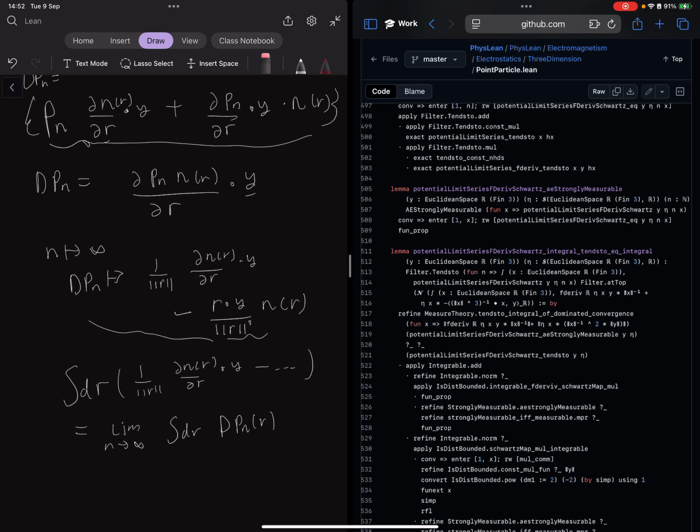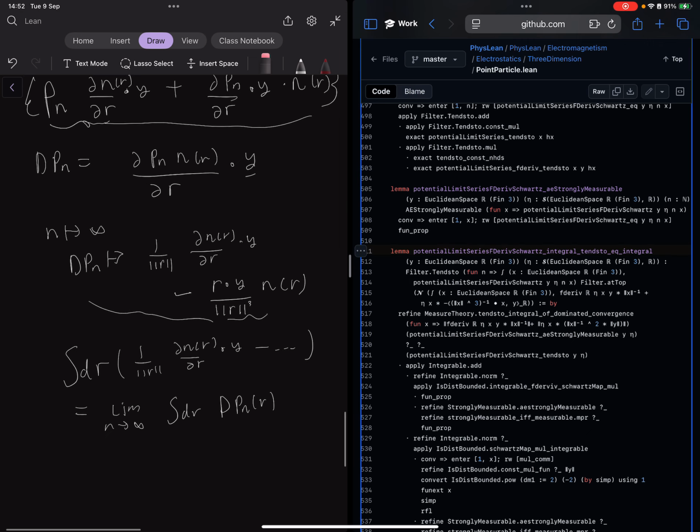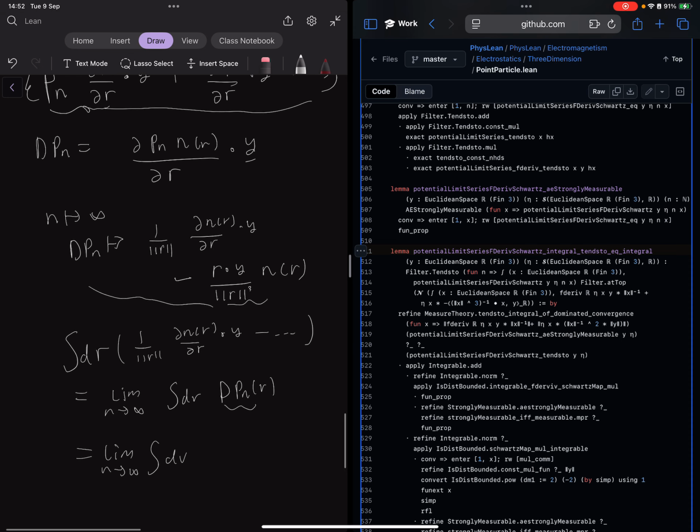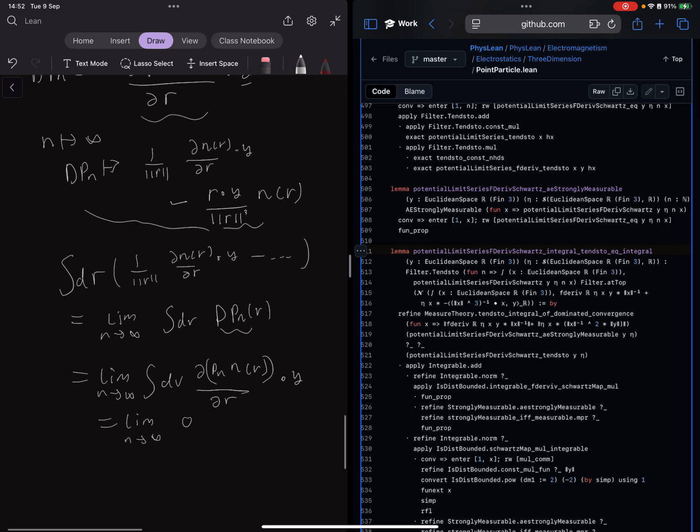But once you've proved this result here, you can see that because this thing here is actually equal to a total derivative, as I've written here, and the integral of a total derivative is equal to 0, then this whole thing is equal to 0.